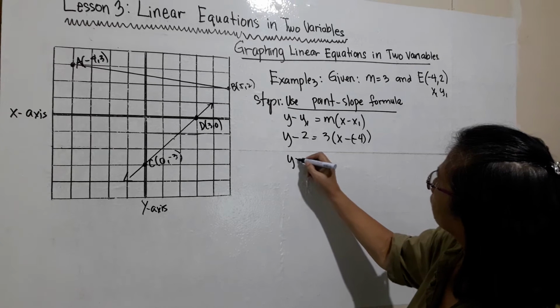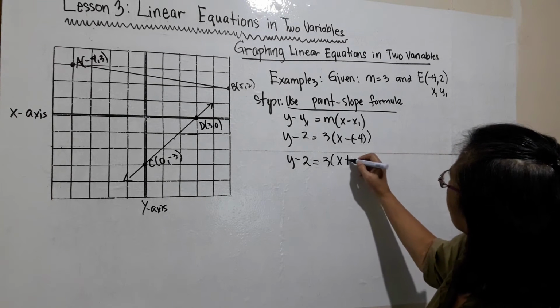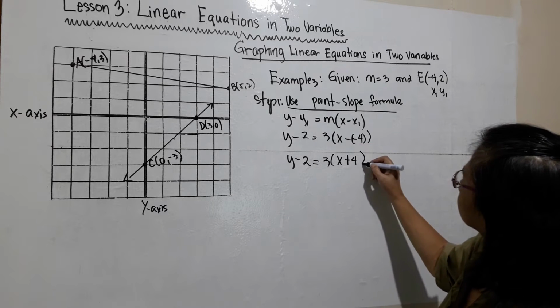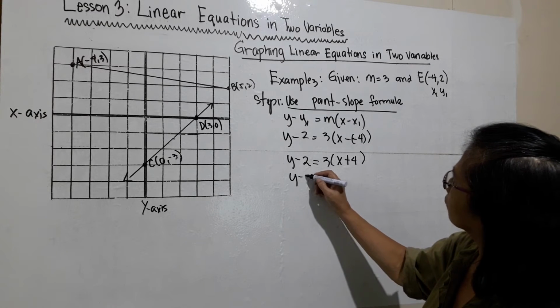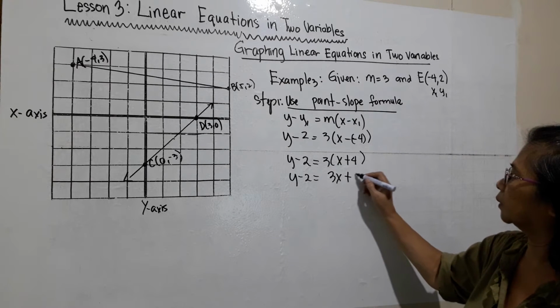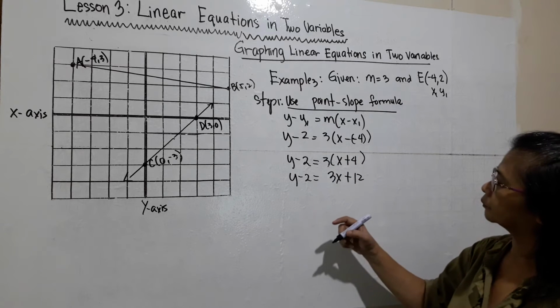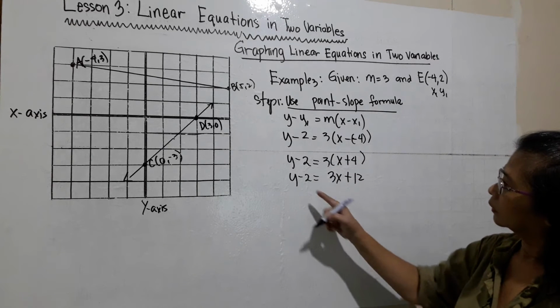So we now have y minus 2 equals 3 times x plus 4. Distribute the 3: 3x, and 3 times 4 is 12.